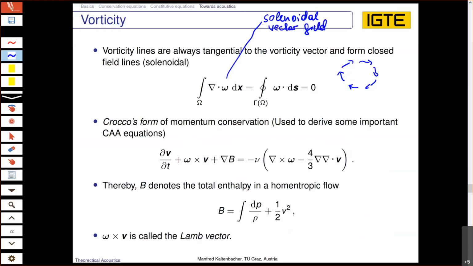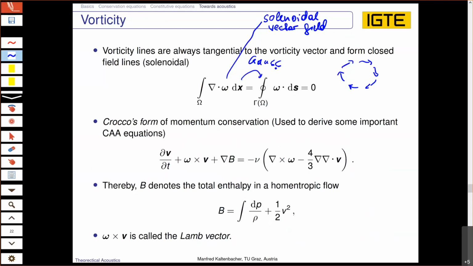Then if you take the divergence and integrate over a volume, you can rewrite it by the integral theorem of Gauss. So from here to here, we have the integral theorem of Gauss, that the closed surface integral of this quantity is always zero, which means the amount going into the volume and going out is balanced and gives you zero.